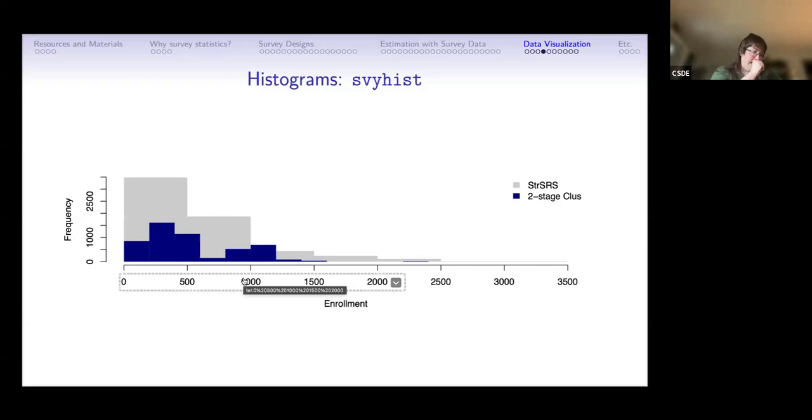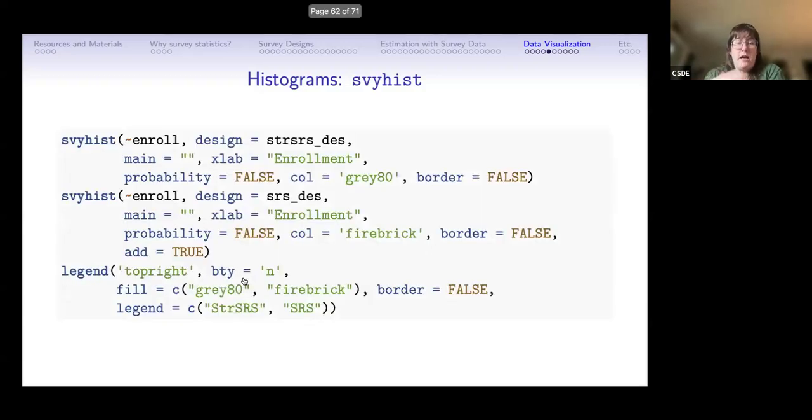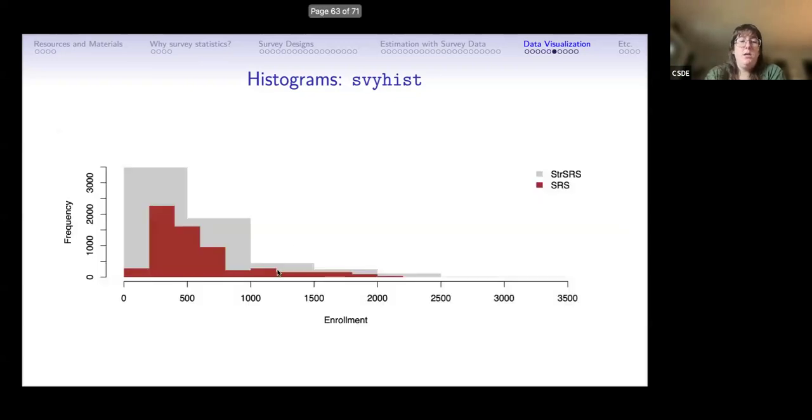So we're taking account of that upweighting and downweighting in the survey design when we look at the data visually. We can also do this comparing the stratified to the simple random sample. Just another example. You can see that here.